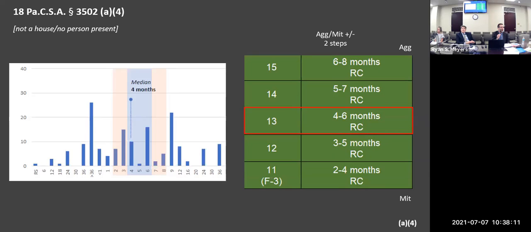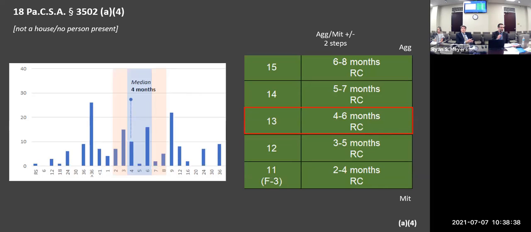So even though our ranges are tighter, the aggravated mitigated range here would go from a lower limit of 2 at OGS 11 to an upper limit of the standard range of 8 for OGS 15. So it really is 2 to 8 months for the aggravated mitigated range, even though we have a tighter standard range of 4 to 6 months as the assignment.